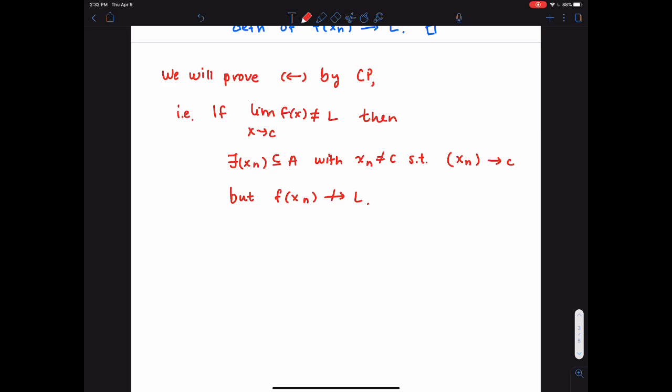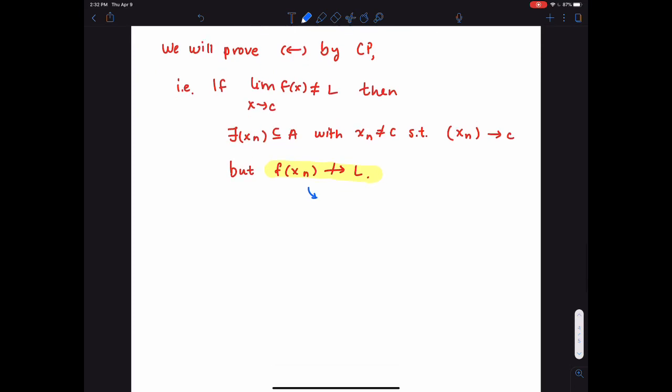So there are a couple things that we need to make sure we're clear on here. First of all, we want to make sure we understand what it means for f of xn not to converge to L. That is the negation of sequence convergence. So here we're trying to say that there's going to be some epsilon neighborhood such that no matter where we chop our tail, there's always going to be some outlier in the tail such that the absolute value of f of xn minus L is greater than or equal to epsilon.